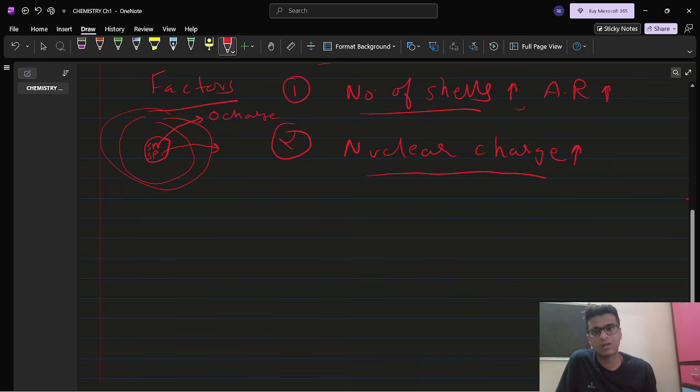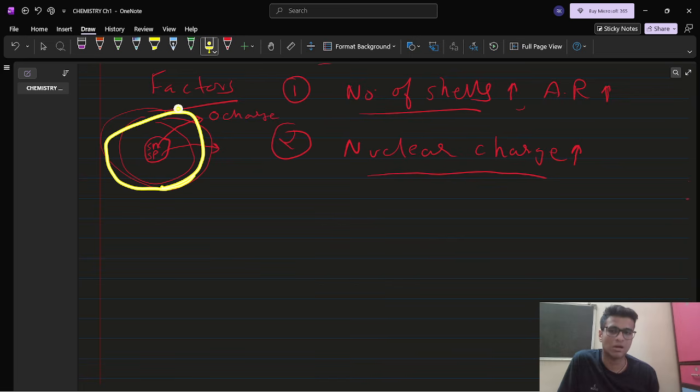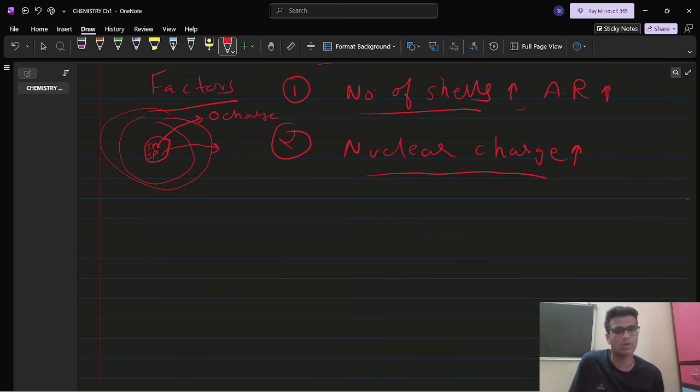So similarly if the nuclear charge is increasing, which means यहाँ के जो इलेक्ट्रॉन्स है last शेल में, उन्हें अगर मैं खींच रहा हूँ, they will tend to come towards it, right? So shells will come towards the nucleus. So to keep it simple, if nuclear charge is increasing, atomic radius decreases.